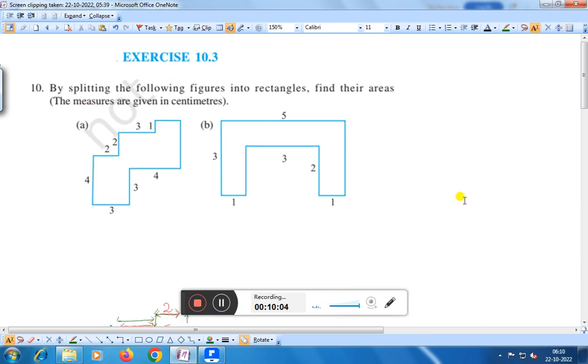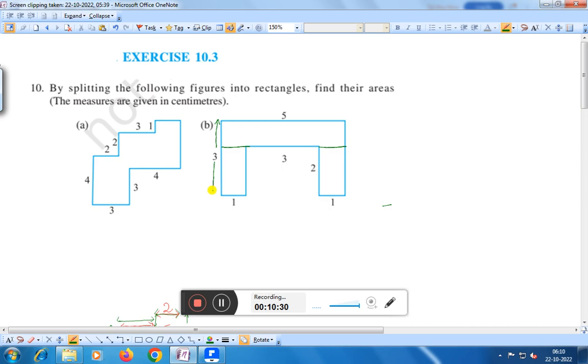And find the area of the second figure. Here also you see, if we divide this figure into various rectangles, suppose we join this one, and we join this one, and you see this is the length and breadth. Here you see the total length of this side is 3 centimeter.